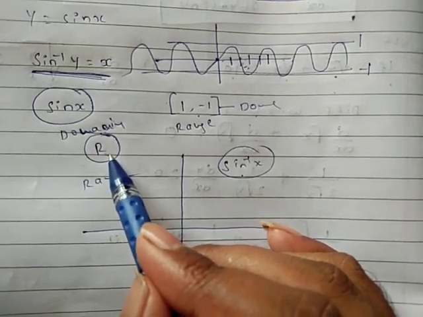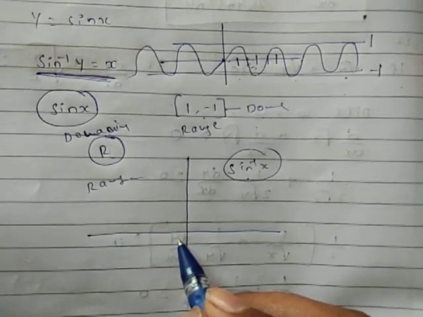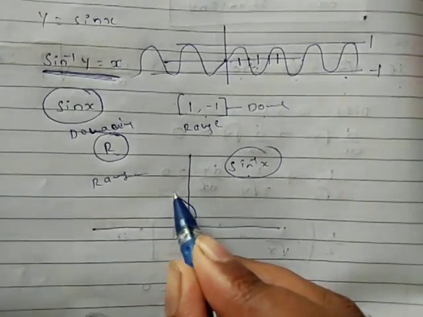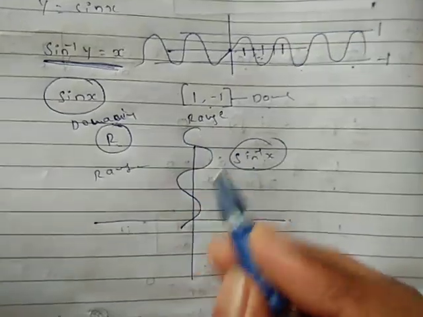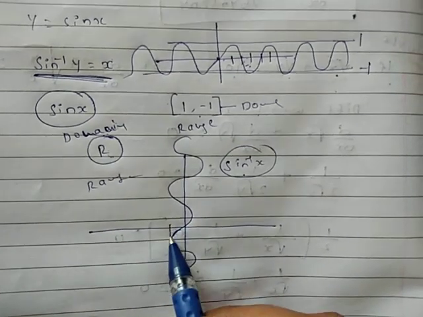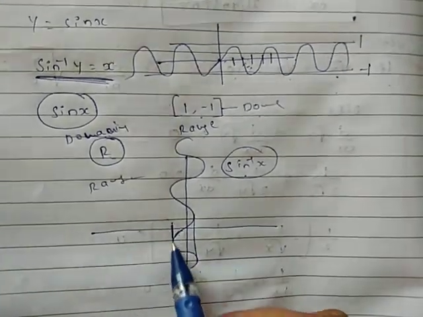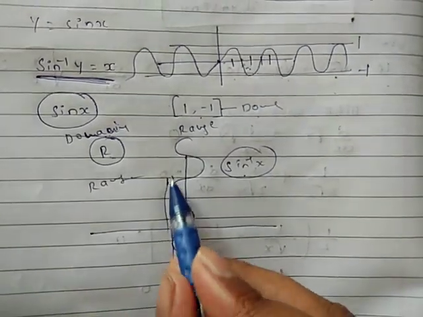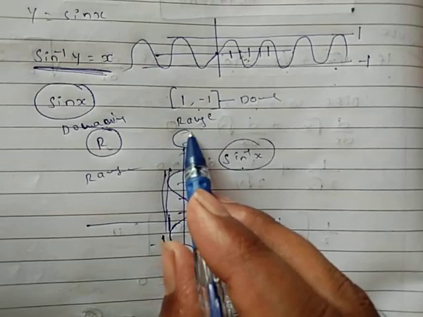Are you getting it? So it will be more like this one. Here we get only 1 and -1, so this one is 1 and this one is -1, and this is going to be the range of the sine inverse function.